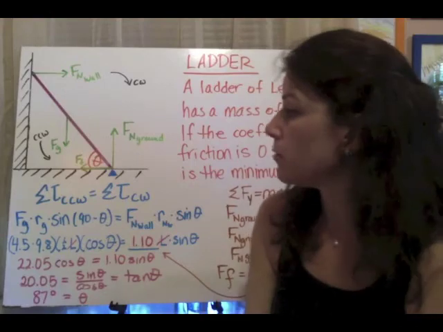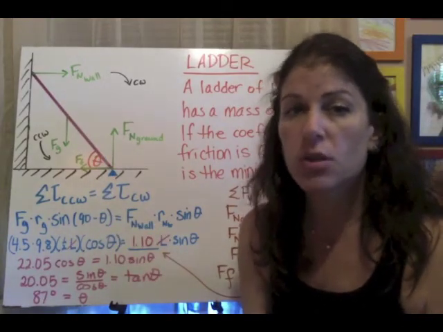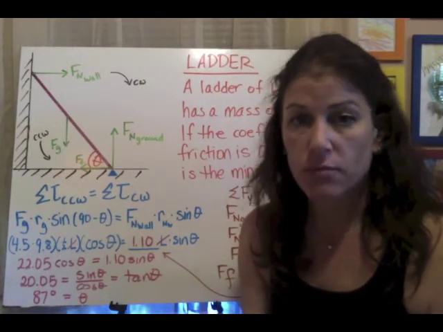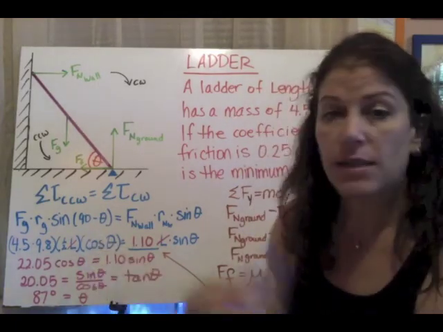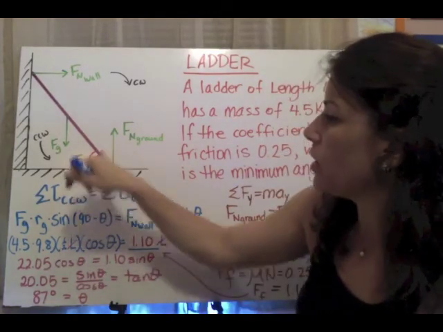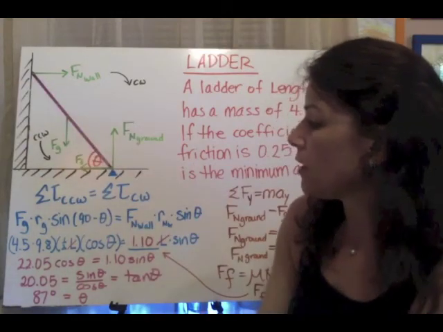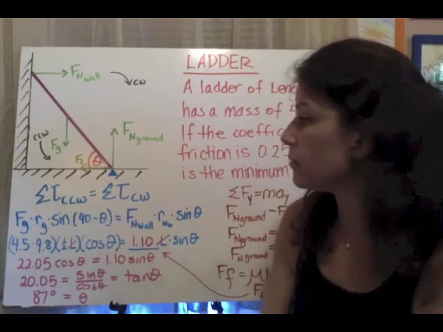A very typical problem is to find out what's the minimum angle you can use before the ladder slides out from under you, which is not a good thing, generally speaking. So to solve it, you do it the same way. You identify your pivot, you identify the forces that you have to deal with and their angles. You need a little bit of geometry here, just like we had to do with inclined planes.